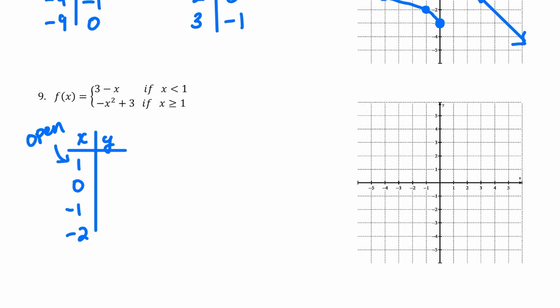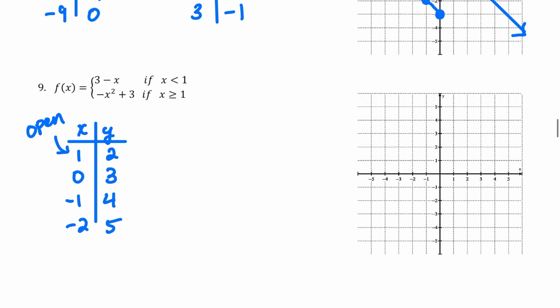If you plug those numbers into 3 minus x, 3 minus 1 is 2, 3 minus 0 is 3, 3 minus -1 is 4, 3 minus -2 is 5. So we end up having a point at (1, 2), which is going to be an open circle, then (0, 3), (-1, 4), and (-2, 5). Again, if you know that that's a line and you can draw the line, just erase everything that's to the right of 1.